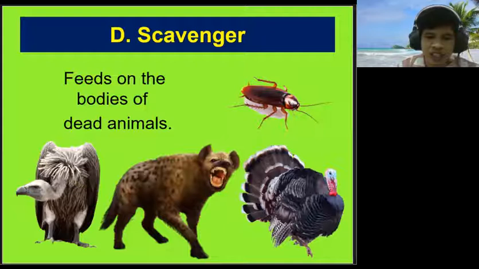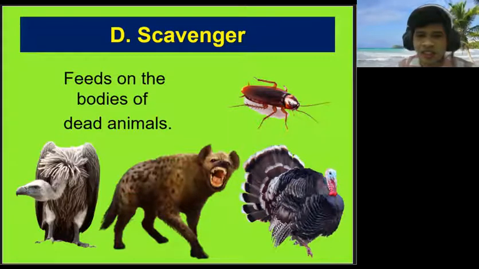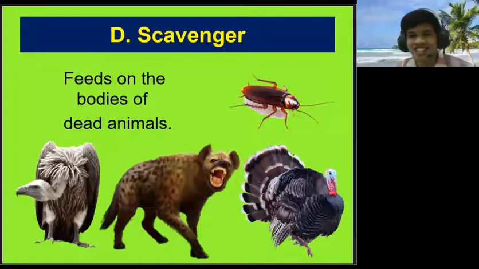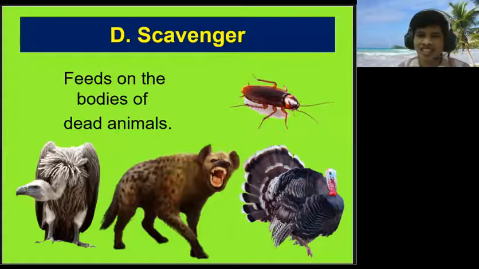Examples: a vulture, a hyena, a turkey. And what's that insect? Cockroach. Okay, examples of scavengers. What else do you know that eats dead animals? Maggot, right? Bloom said a maggot. Worm. Okay, worm.